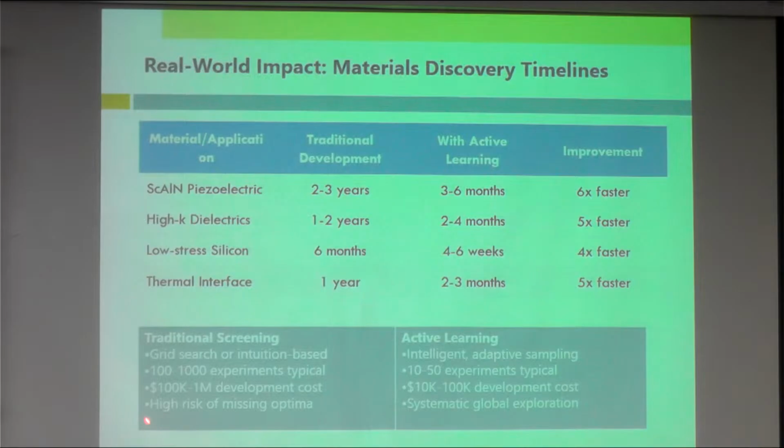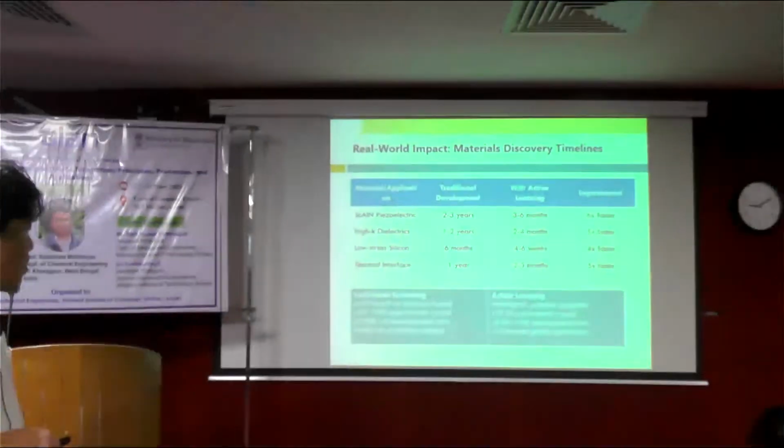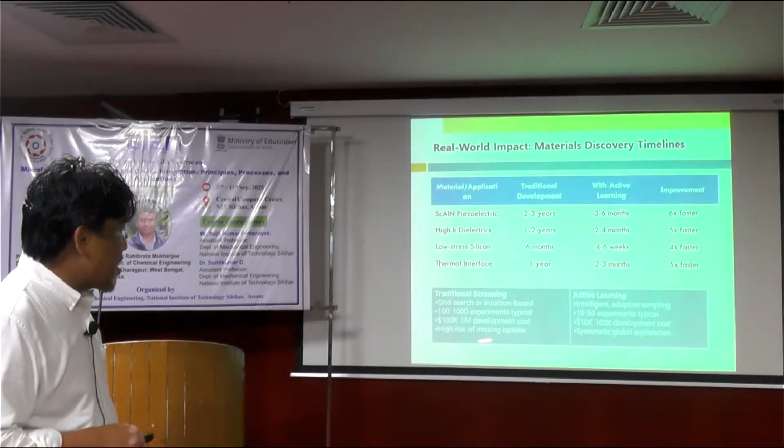And 100 to 1,000 experiments, typically this might be a little bit exaggerated, but if the scope is big, let's say you want to have multiple properties to be optimized or selected for a material, you might somehow need this kind of experiment, and the cost of development might become 100,000 dollars to $1 million, for example, and a high risk of missing the optimal.